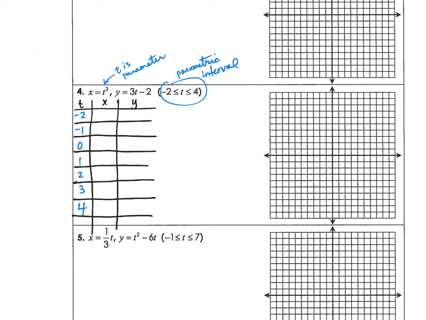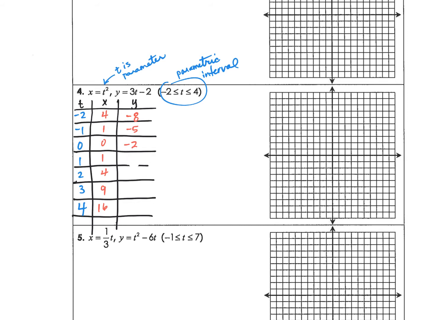Quit out of that. We're going to hit table set. We're going to start this time at -2 and look at our table of values. That gives us +1.